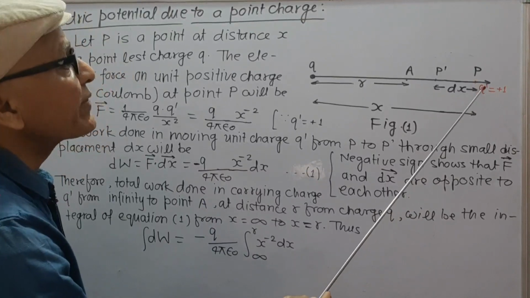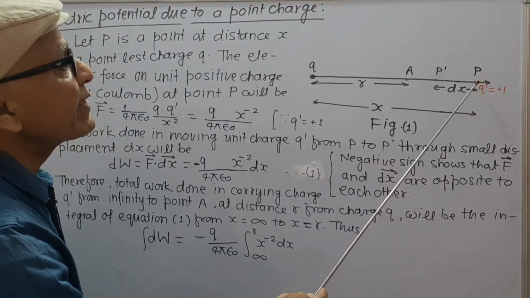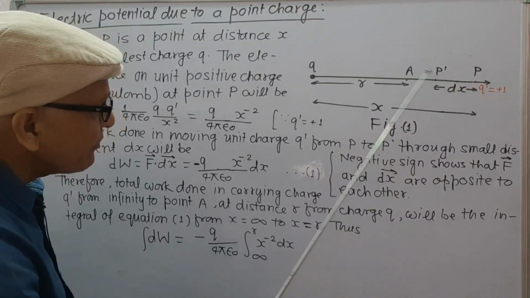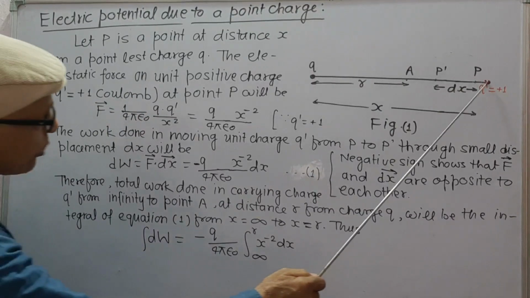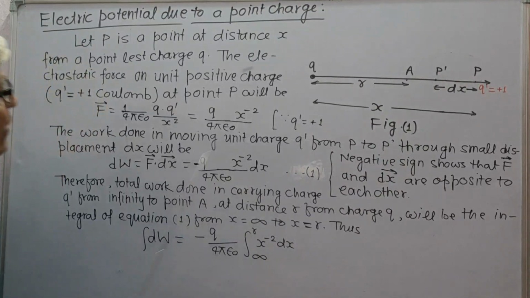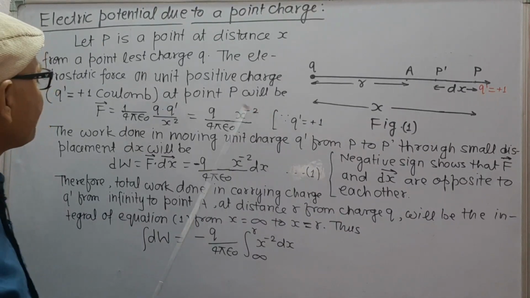Then the electrostatic force on this unit positive charge at point P will be, from Coulomb's law, 1/(4πε₀) × Q Q'/x². Because Q' is +1, this becomes 1/(4πε₀) × Q/x², which can be written as 1/(4πε₀) Q x⁻².